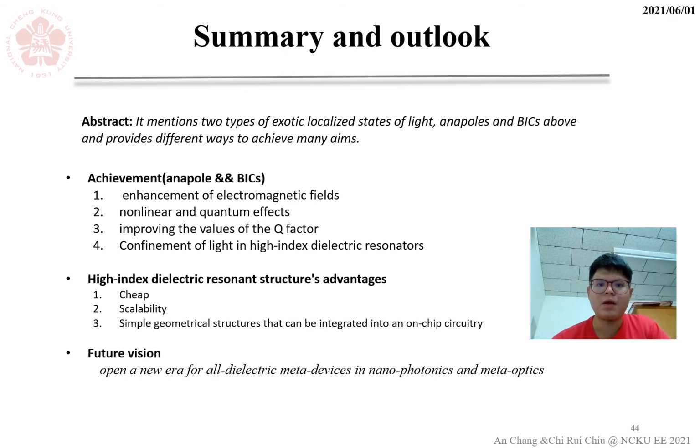As above, we solved enhancement of electromagnetic field by rearranging the array of anapoles, and studied nonlinear and quantum effects in the BIC concept, and further improved the value of the Q factor with the help of prismatic structures, and finally confinement of light in high-index dielectric resonators with significant advantage for integrated photonics applications.